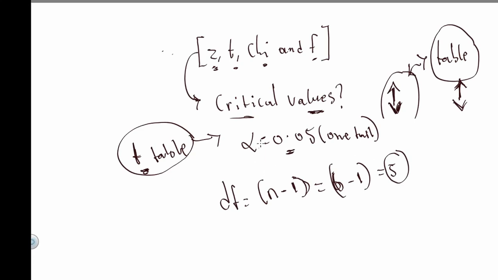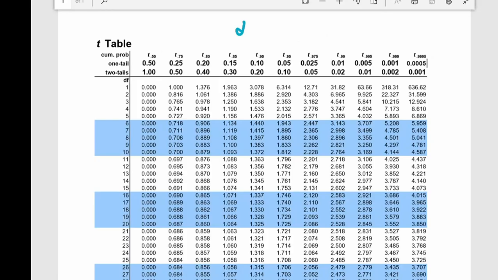Now we need to go to the T table for a one tail and 5 degrees of freedom. So let's do that. We have an alpha value of 0.05, a one tail test, and we are looking for a degree of freedom of 5.